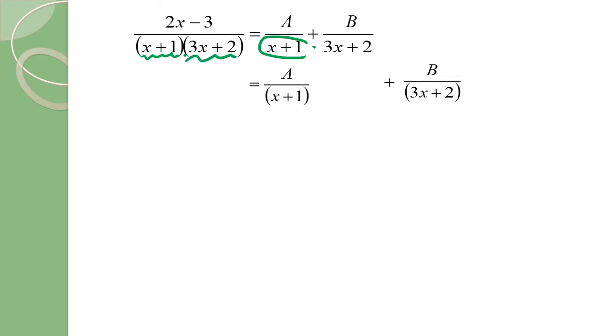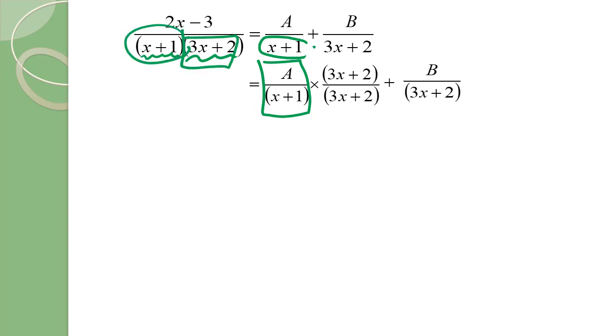So what we need to do is to multiply this fraction A over x plus 1 with 3x plus 2. If we multiply at the bottom, we need also to multiply at the top. So we have 3x plus 2 at the top. And then for B, we have 3x plus 2 already. What we don't have is x plus 1. So we need to multiply both numerator and denominator with x plus 1.